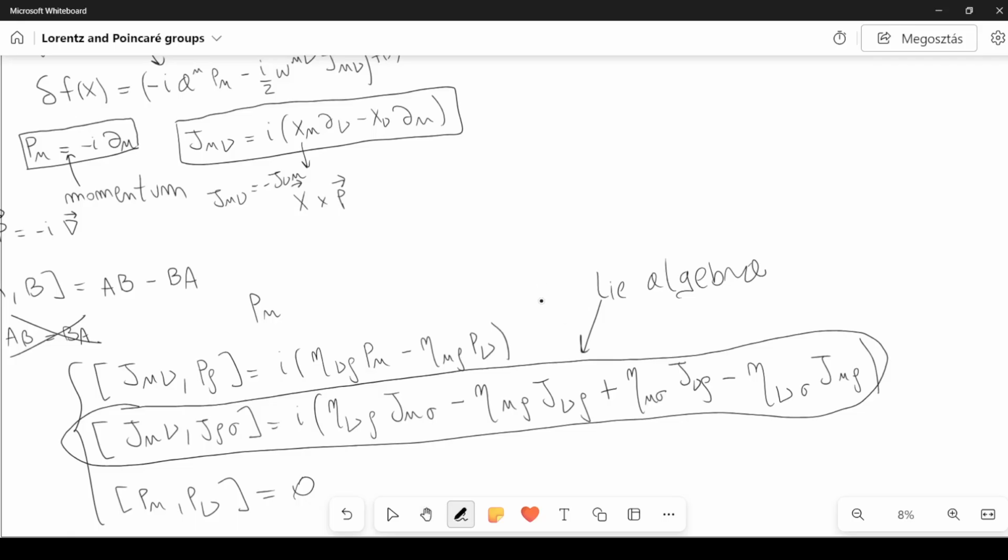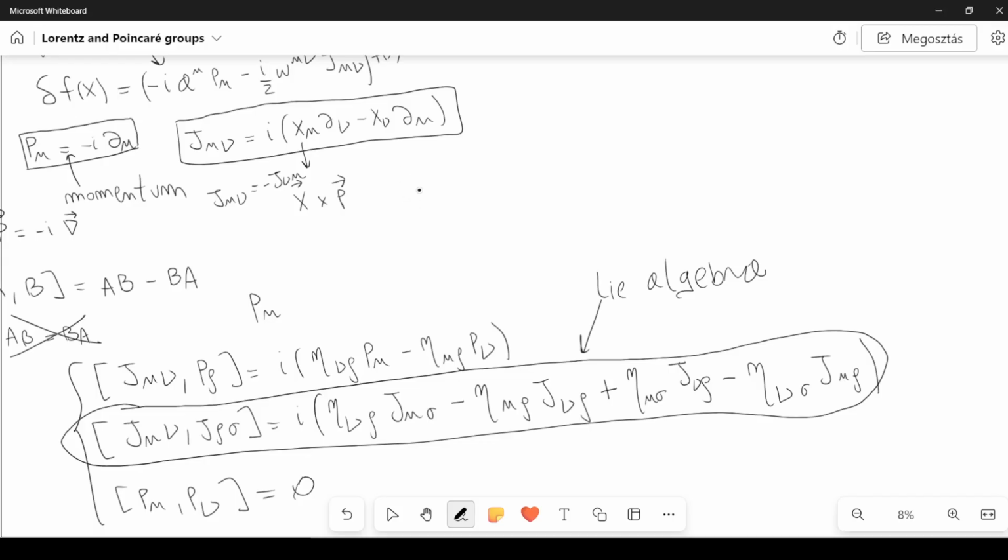In particular, we might also start from such commutation relations, which is the Lie algebra. We know that the Lorentz group satisfies this algebra, but this is more general than it might seem, because it is also possible to choose J with whatever indices such that it satisfies this relation, but where J is not written like that.